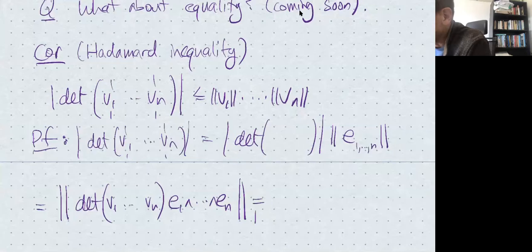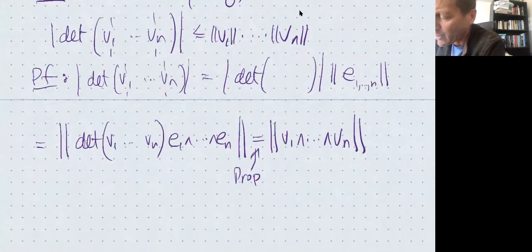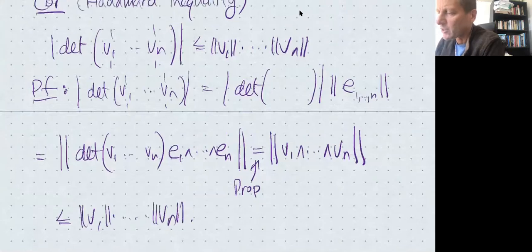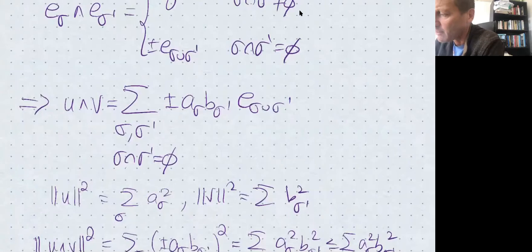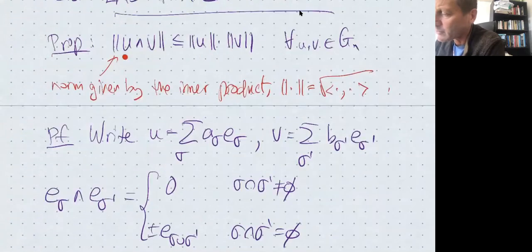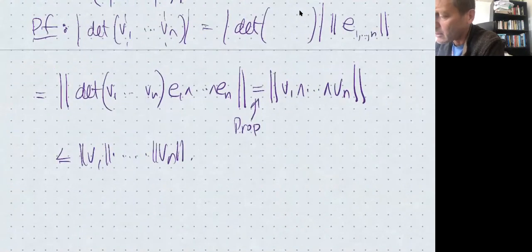Now if you go back to the proposition, you see that this is exactly the expression for the wedge, the exterior product of the V_i. And then by our previous corollary, by induction on the previous corollary, this is less than or equal to the product of the norms.